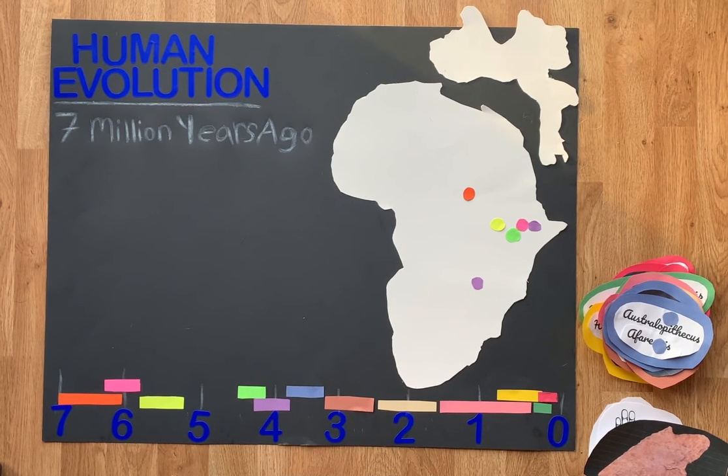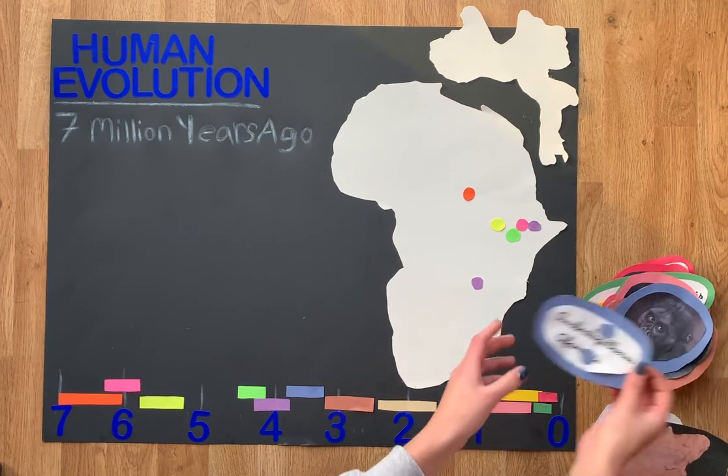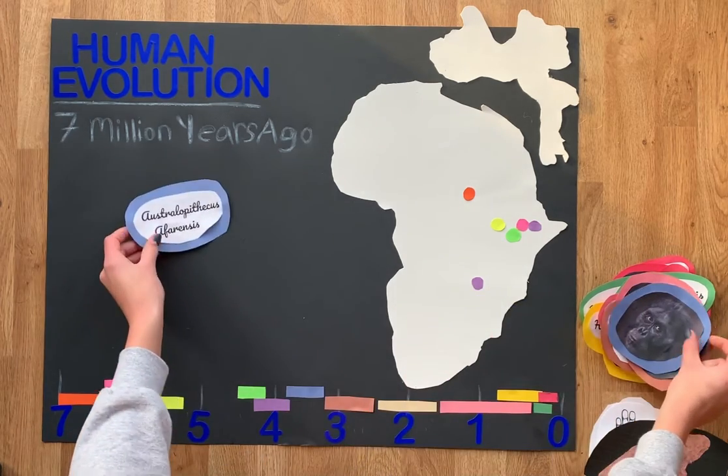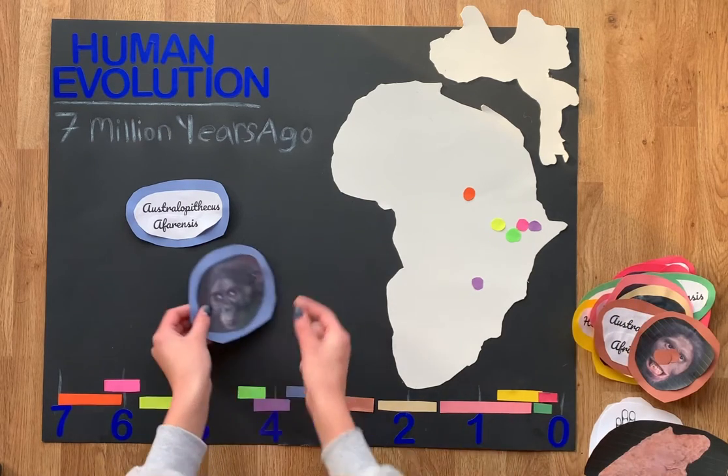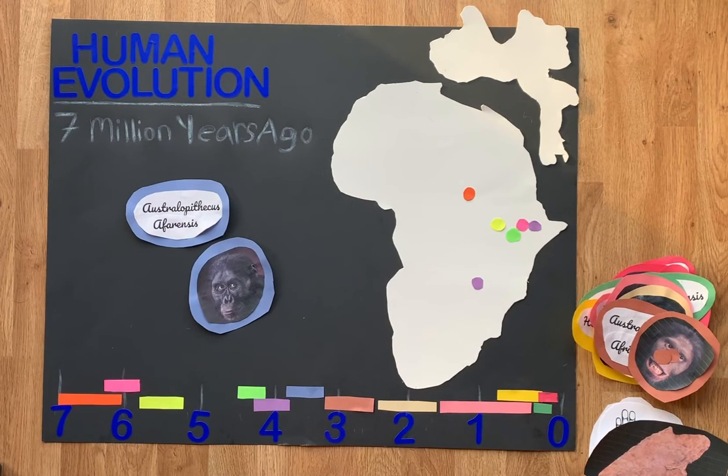Now, multiple species lived simultaneously. Sometimes their ranges may have overlapped even, and they may have even met. So, just like the Australopithecus afarensis, about 3.5 million years ago, they overlapped with some species.